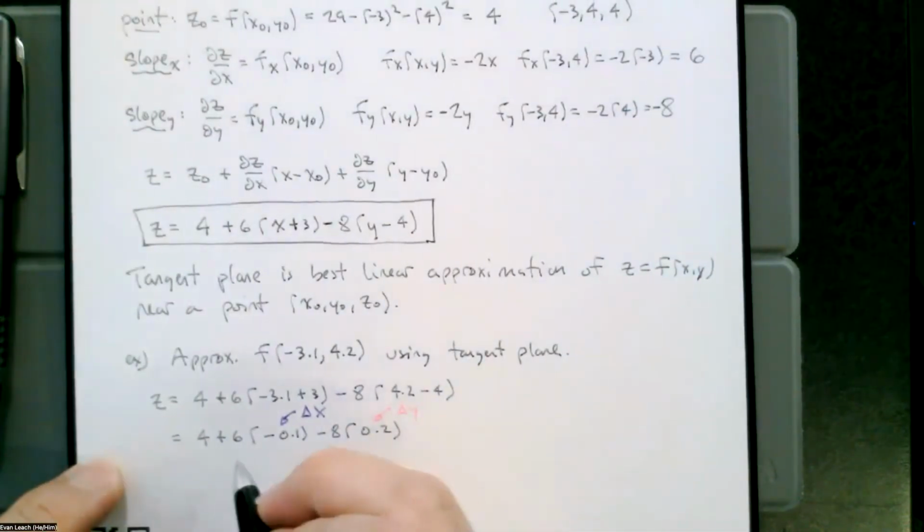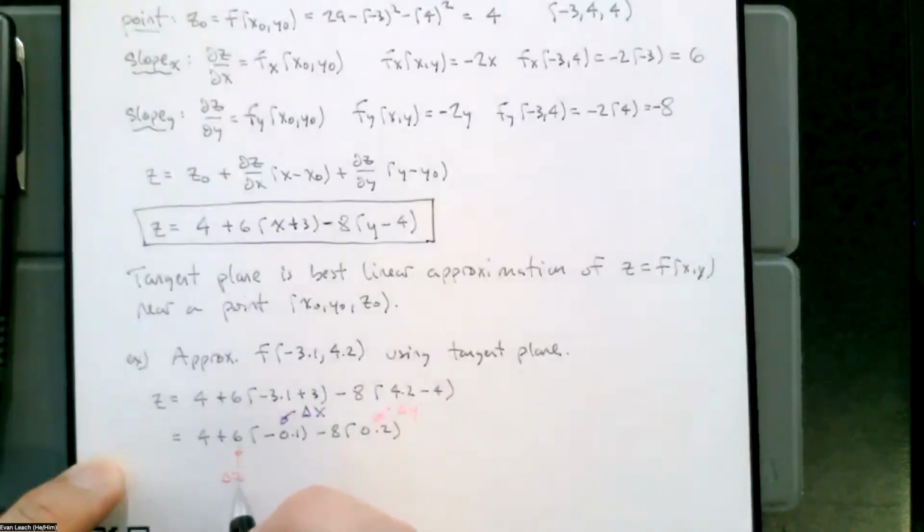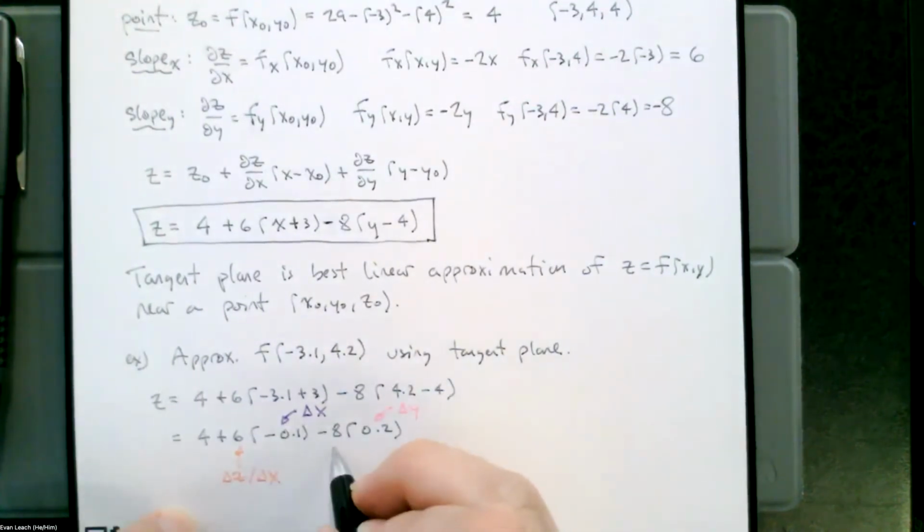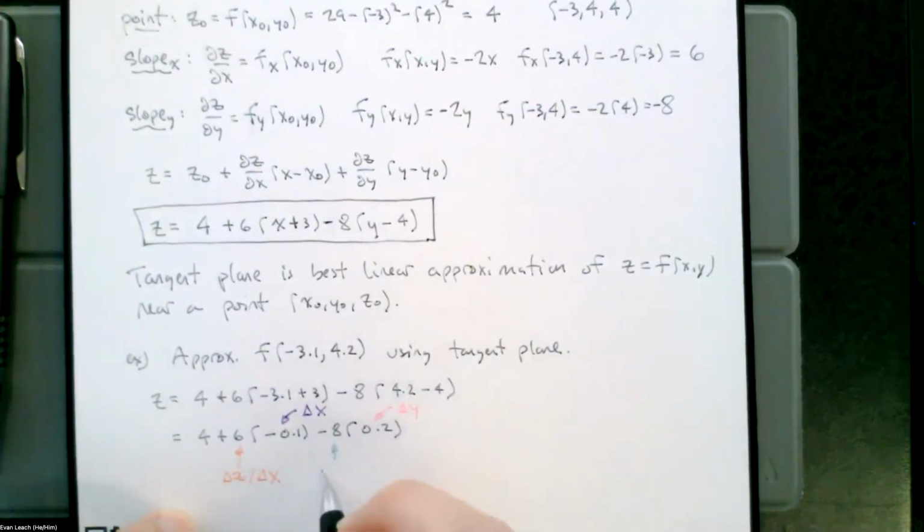So 6 is the delta z over delta x. And the negative 8 is the delta z over the delta y.